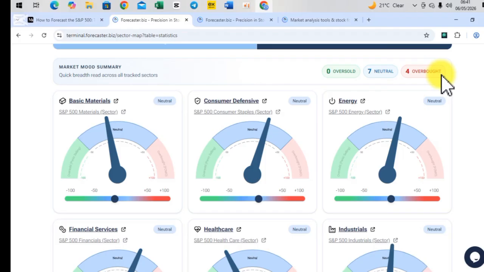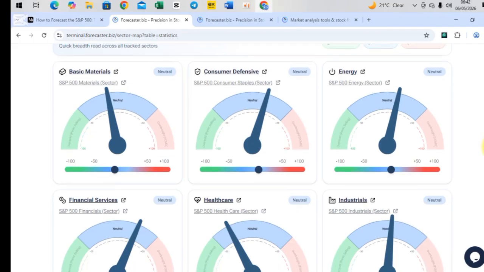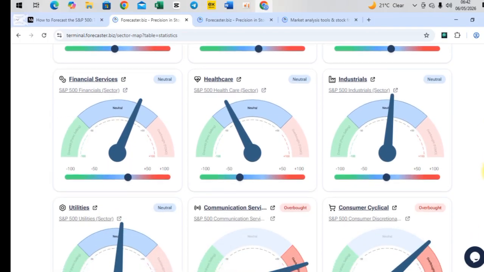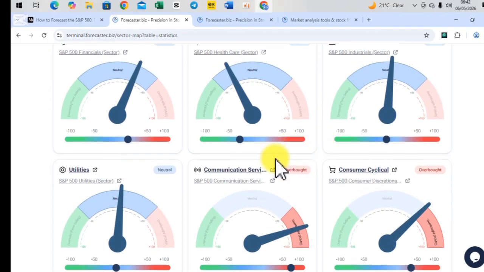Once again, remember this theme of today, that we want to spot or predict the market crash. That is the stock market crash, where we have the S&P 500 as our case study. Okay, and 7 are neutral. Okay, this is where you see the range. So if we go into details, those which are in the overbought region, number 1 we have the communication services, the consumer cyclical.